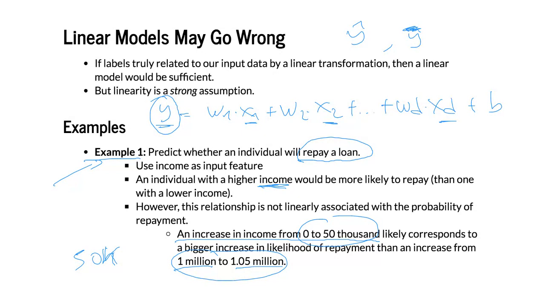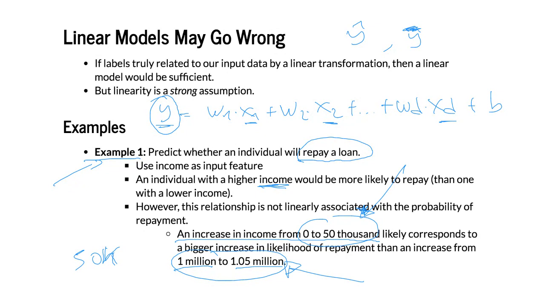But then the probability of repaying the loan hugely increases in this case over here, right? If you're already making $1 million, the probability of repaying the loan is like 100%.